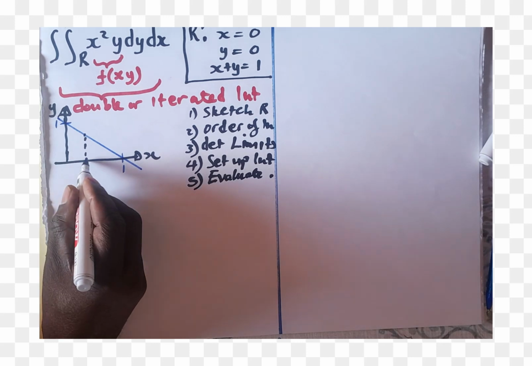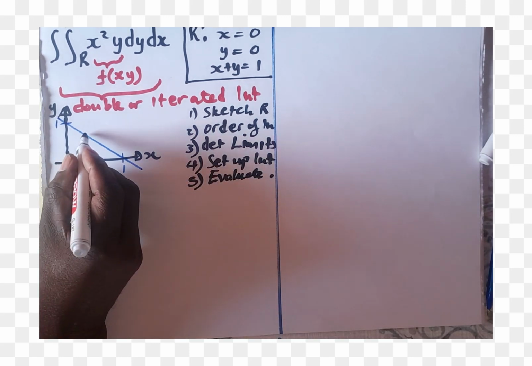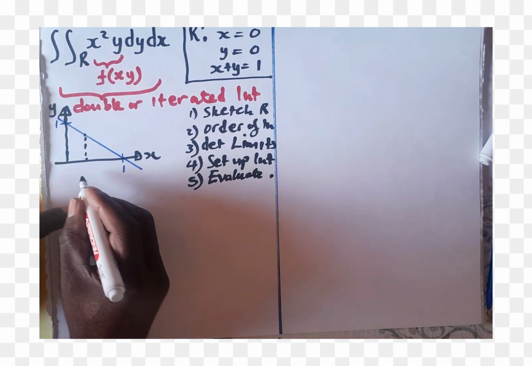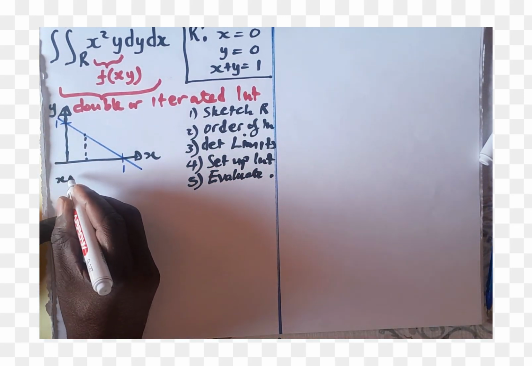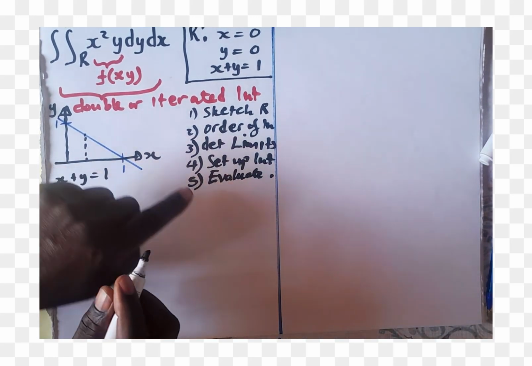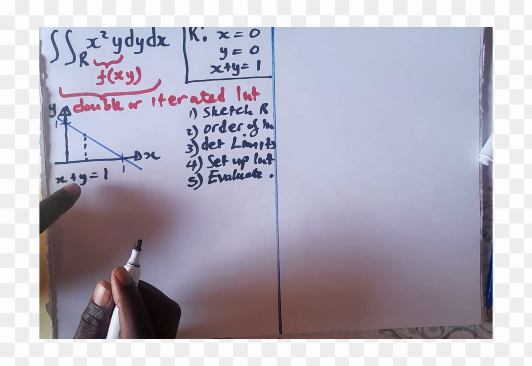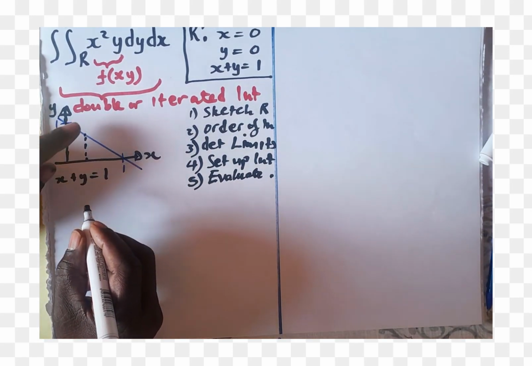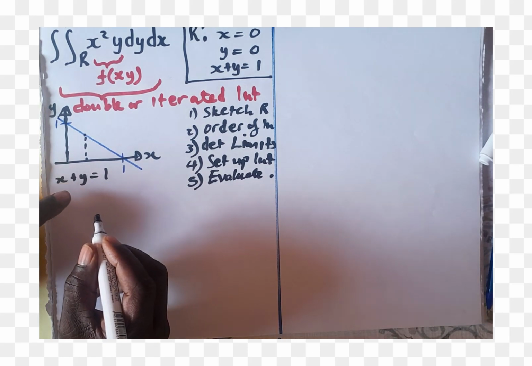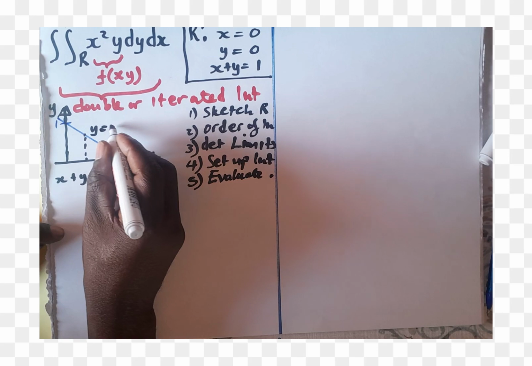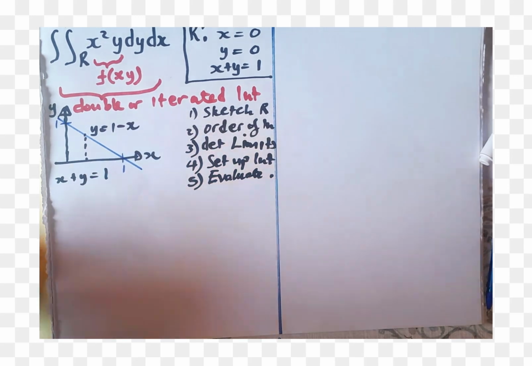Well, y starts from 0 here and ends on this line, where y is equal to 1 minus x. Because remember, our line here is the line x plus y is equal to 1. So we can put x on the other side and we are left with y is equal to 1 minus x. So y starts from 0 up to the point 1 minus x.